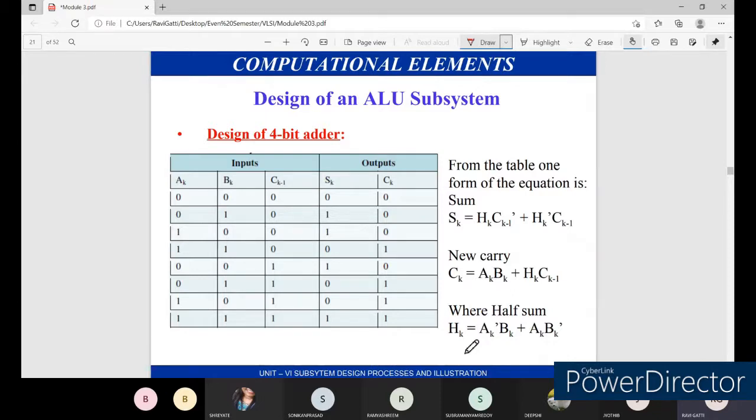Similarly, in decimal, when you add 1 plus 9, you get 10. The same mechanism is used in binary. Since in binary we have only two values, 0 and 1, if you add 1 plus 1, that is the highest value, so you get 1 0.